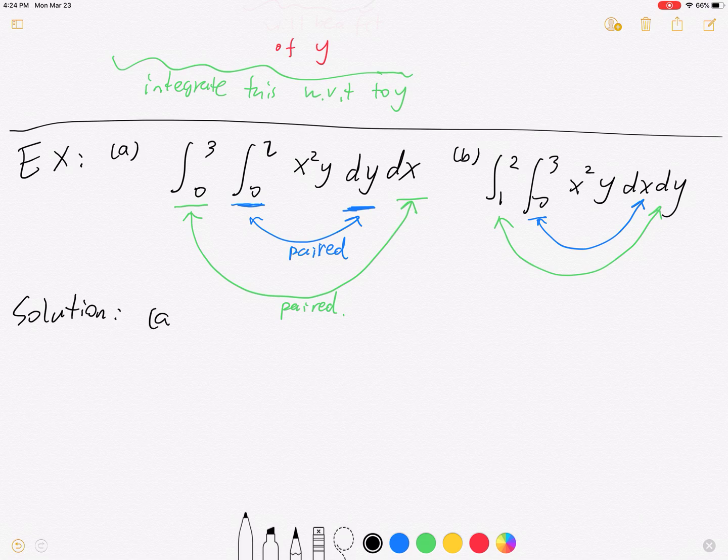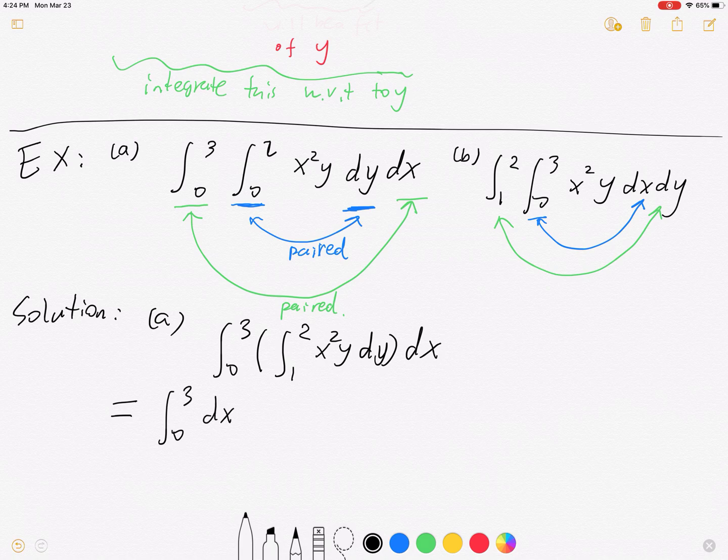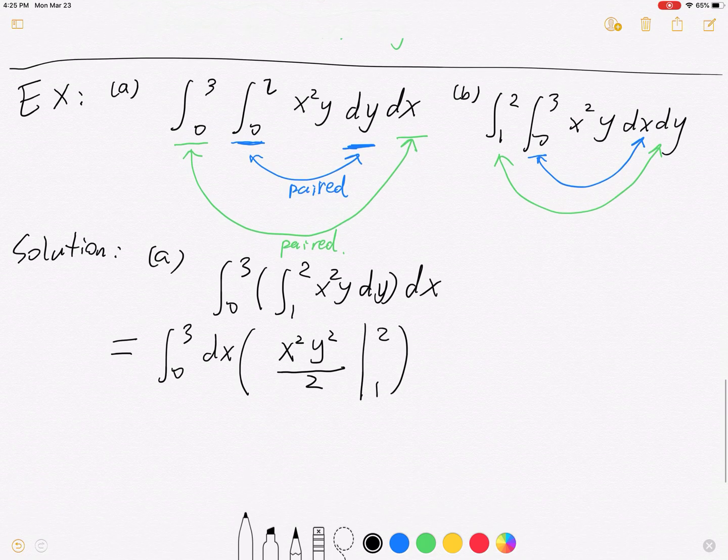Now the solution is easy. Suppose we have problem a, then we need to use the Fubini theorem. So we just integrate first with respect to y, and you keep x. So inside, what do you have? You have x squared, here x is a constant. x squared y squared divided by 2, evaluated at 2 endpoints.